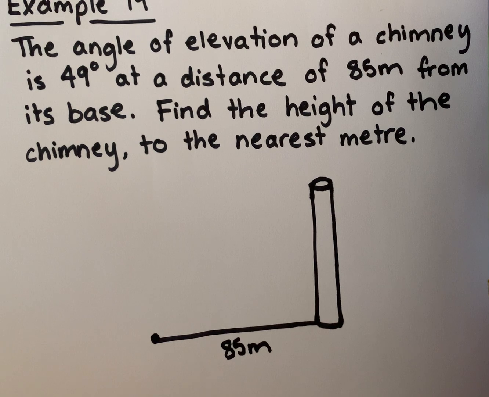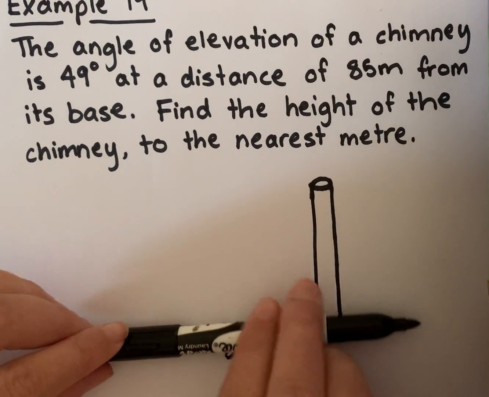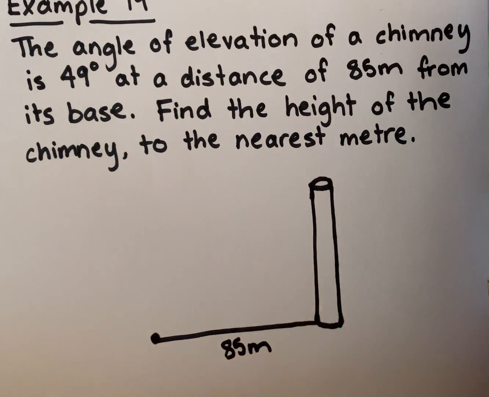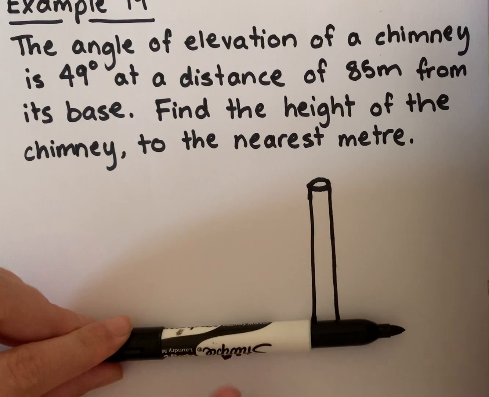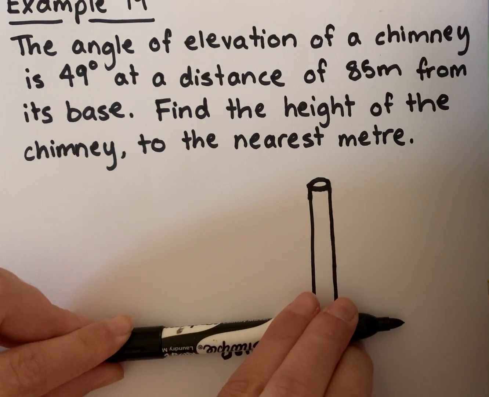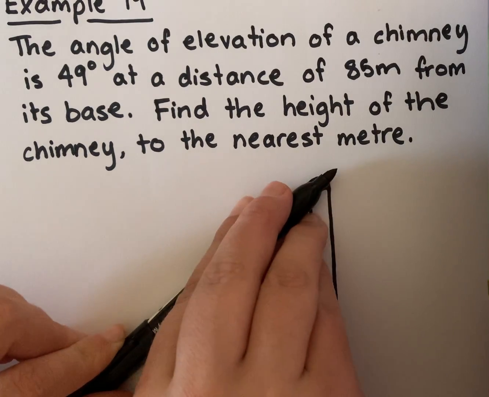Now let's read that sentence one more time. It says the angle of elevation of the chimney is 49 degrees. So the angle of elevation, we know that angles of elevation and depression always start at the horizontal. They're always measured at the horizontal. So we've got this horizontal line here. That's going to be one of our lines that form the angle, okay?